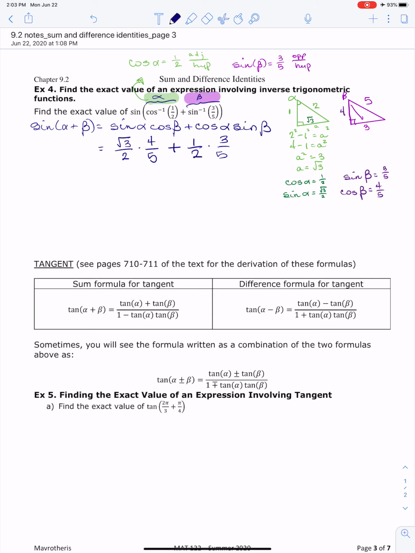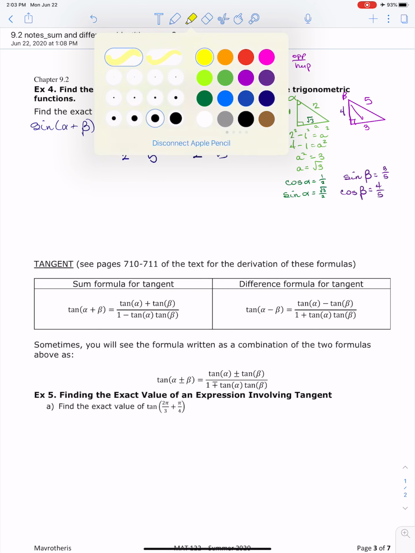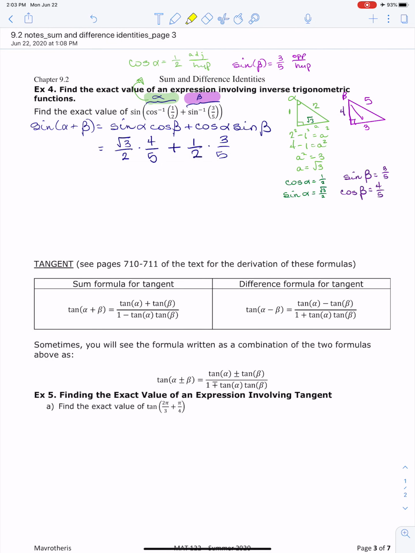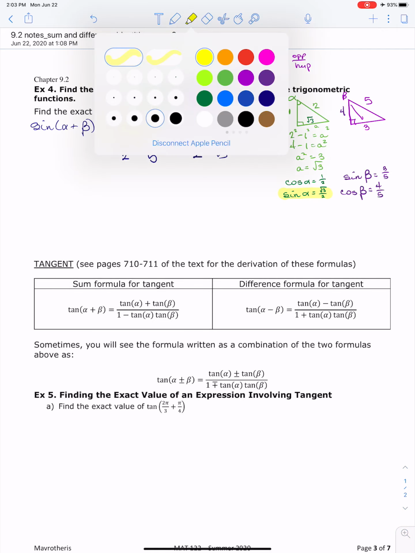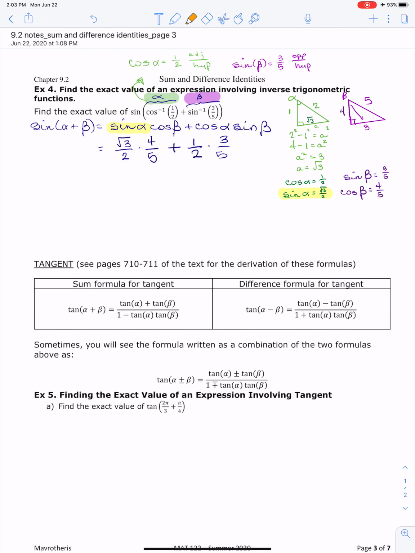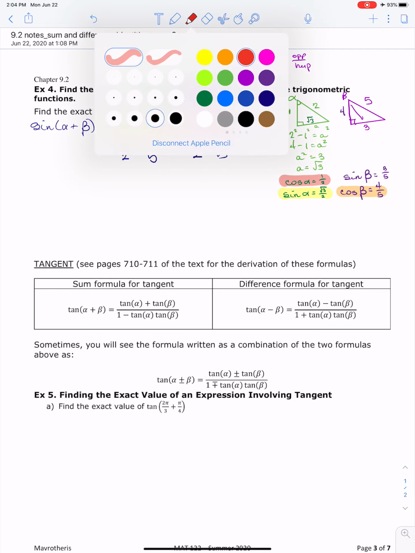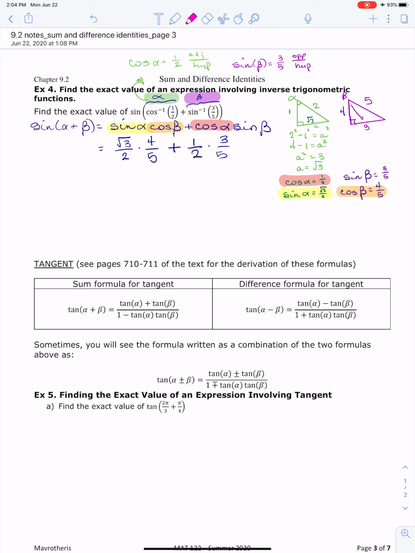And just so we're clear here, this sine of alpha, I'm getting from right here. Cosine beta is right here. They're these values that we found over here. Cosine alpha is right here. And sine of beta is right here. And that's where our numbers came from.